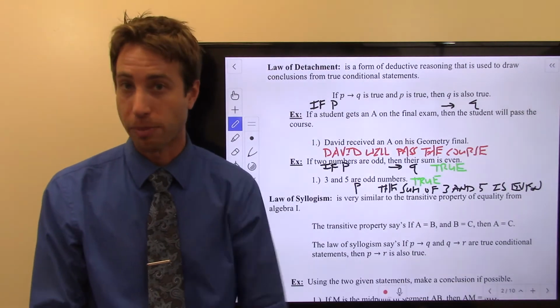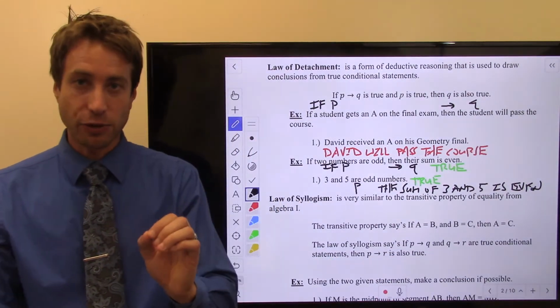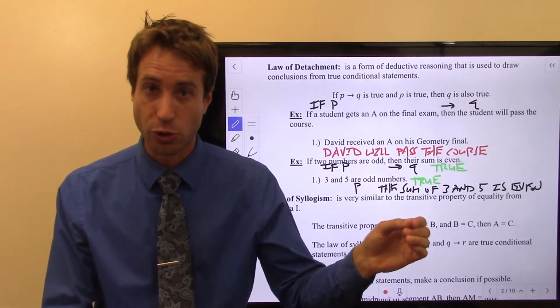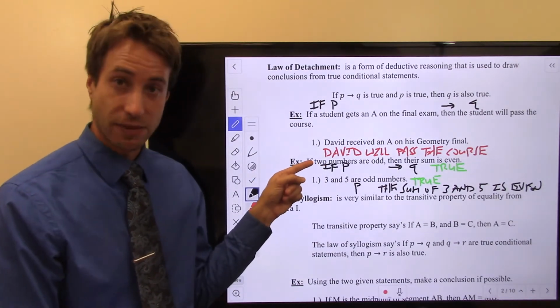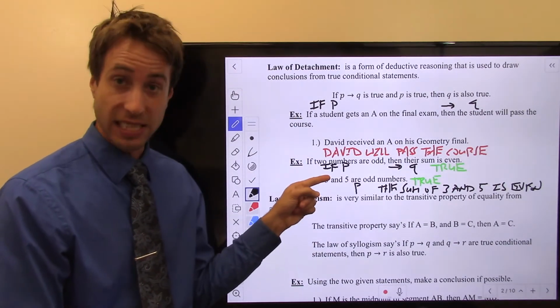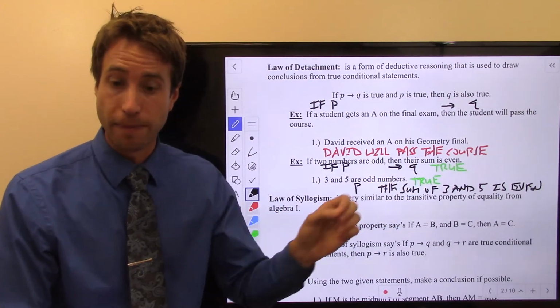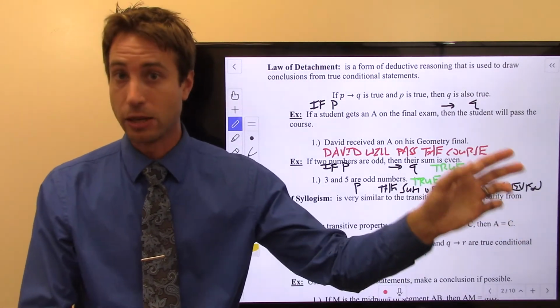And it is. We know that 3 plus 5 is 8. 8 is an even number. So, using deductive reasoning and the law of detachment, we can prove something to be true because the facts, right? I'm using this fact, which is true, and this fact, which is also true, to come to a conclusion. And since my facts are true, my conclusion must also be true.